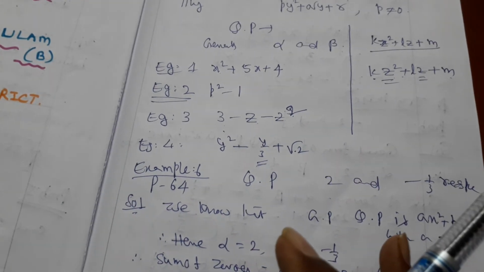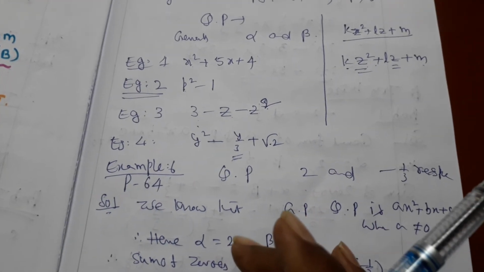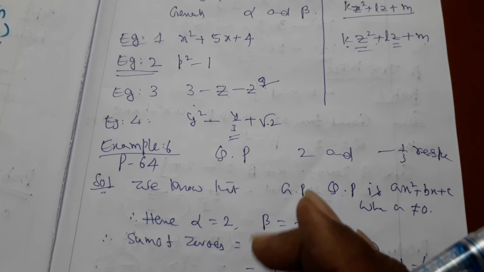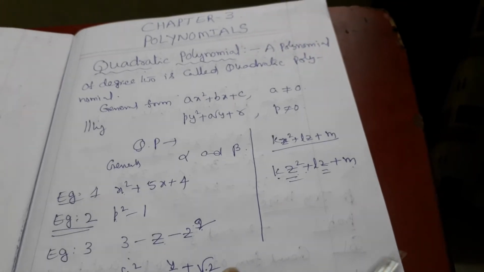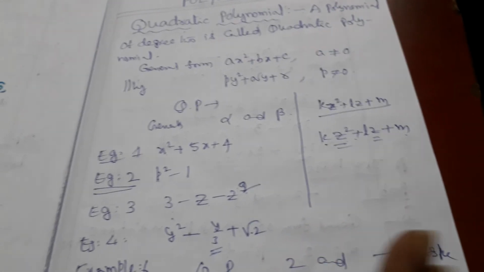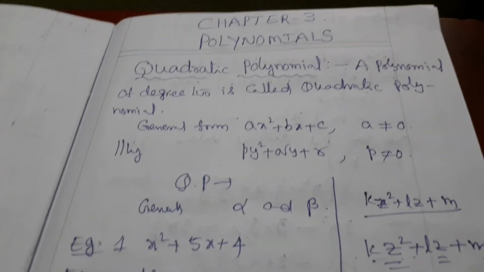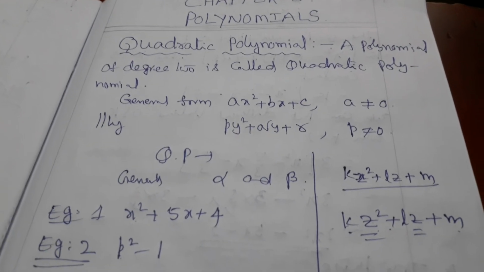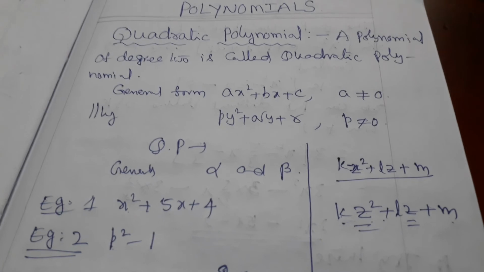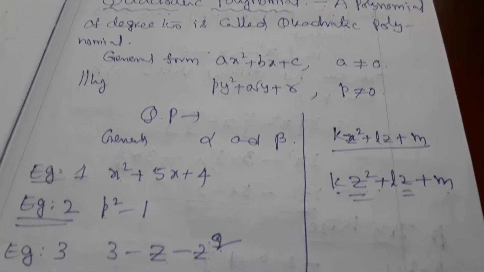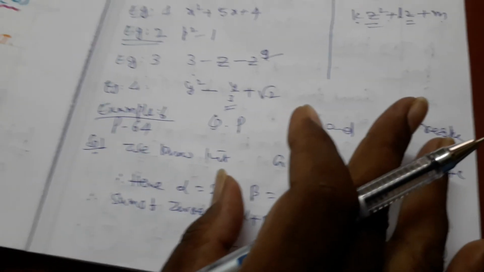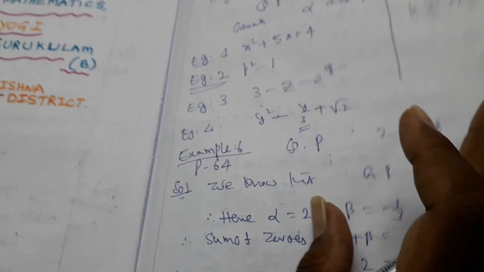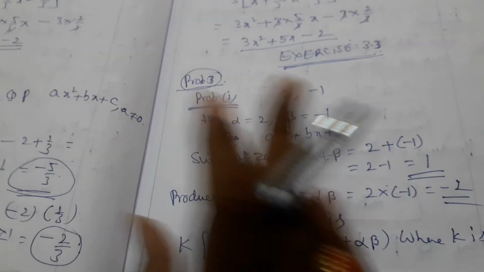So today I explained to you about the quadratic polynomial, the general form of the quadratic polynomial in various variables, and finding quadratic polynomials whose zeros are given. A quadratic polynomial has 2 zeros.